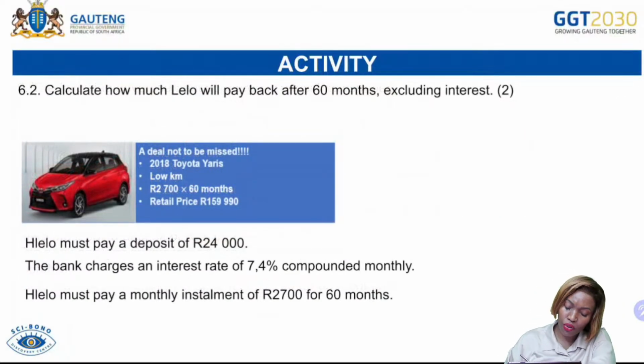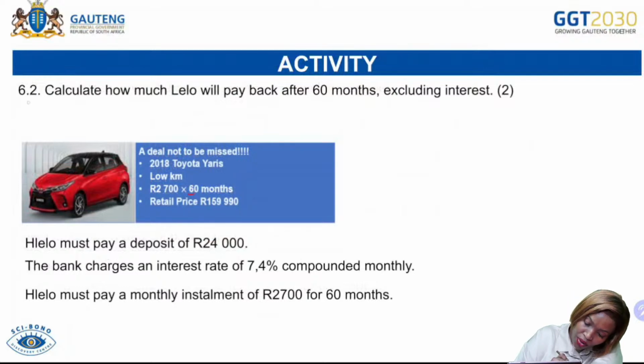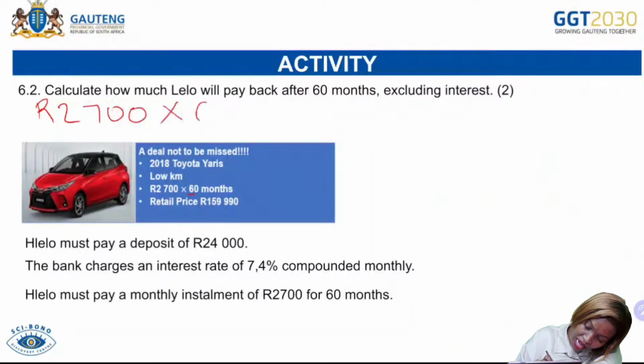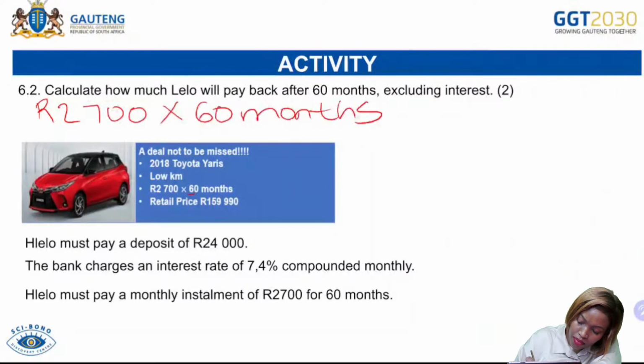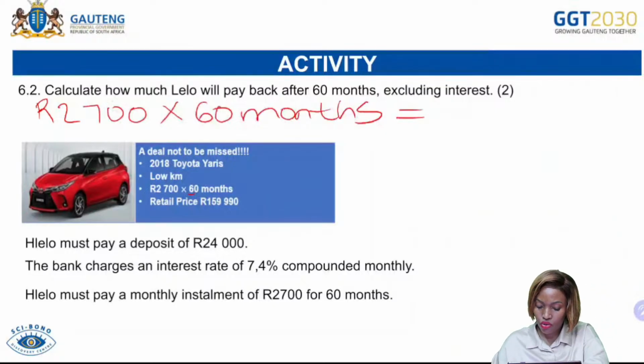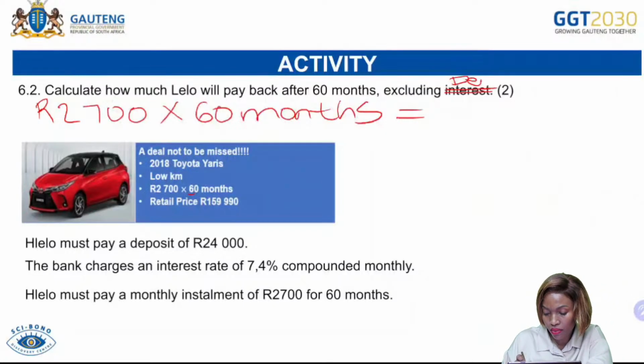6.2, calculate how much Hlelo will pay back after 60 months, excluding the interest. So after 60 months, Hlelo would have paid back, what is the monthly installment? It is 2,700 multiplied by 60 months. I think it was supposed to be excluding the deposit, because this amount already is inclusive of the interest.